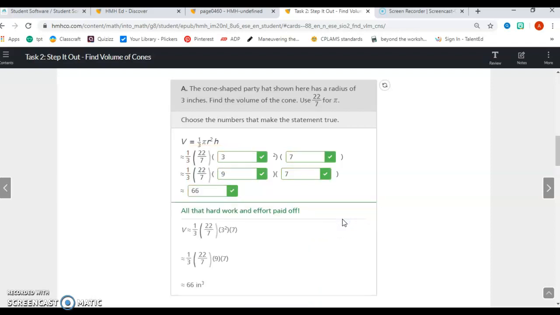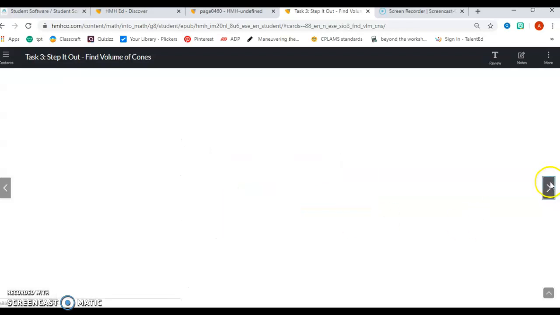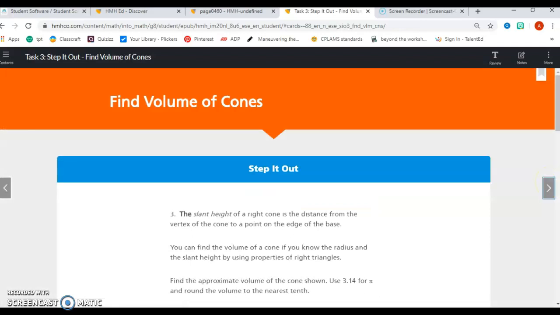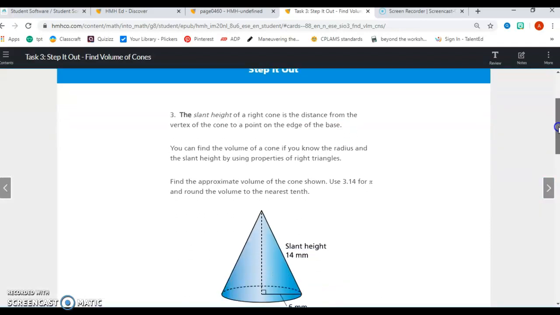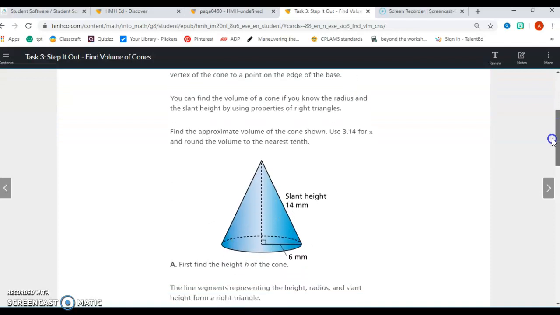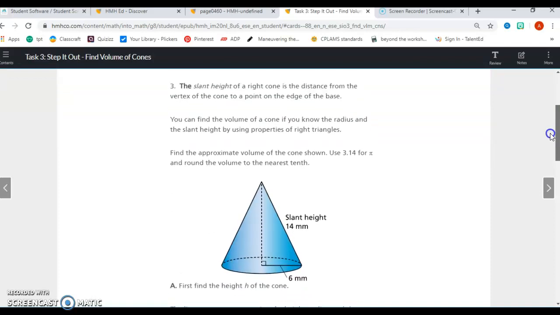If that does not make sense, or if I went too fast, please pause and try it again. Because I have just less than 4 more minutes to go over the slant of the cone. Oh, 4 minutes. Let's see what I can do. Okay, the slant of the cone. Remember I talked about the slant of the cone is the outside edge.